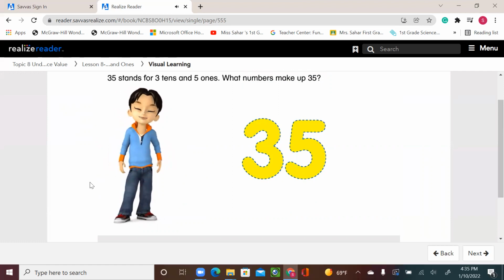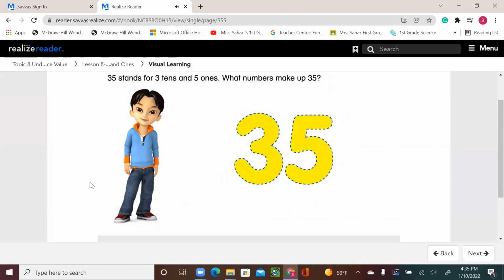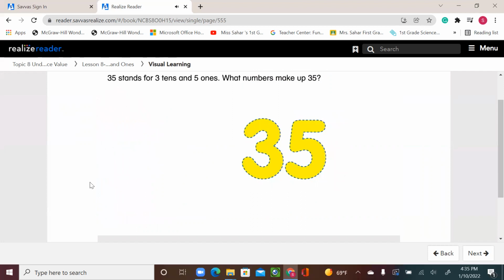Look at the big number. 35 stands for 3 tens and 5 ones. What numbers make up 35? All right, so we look at that, we have 3 tens and 5 ones.